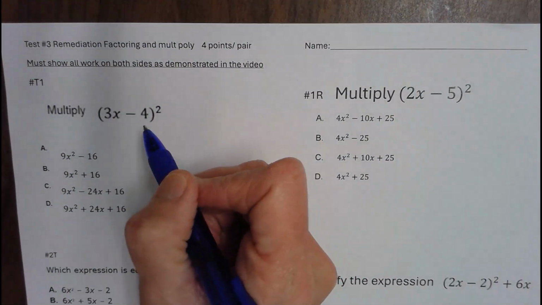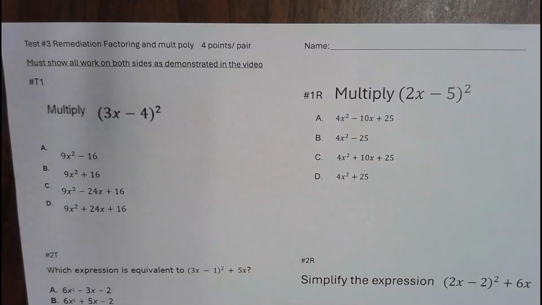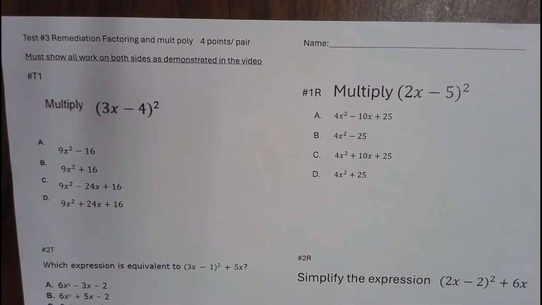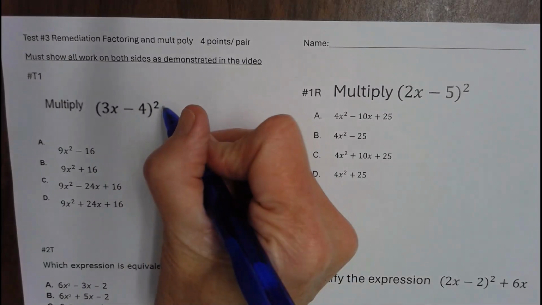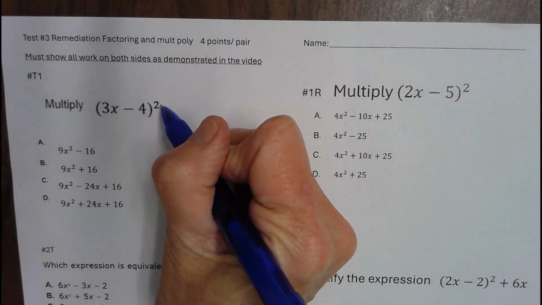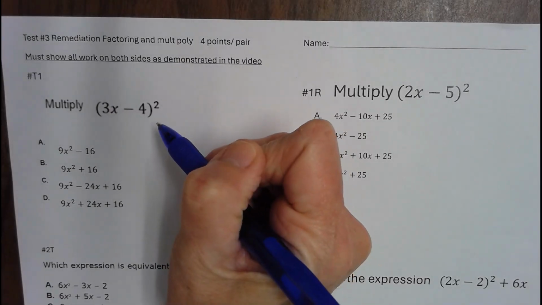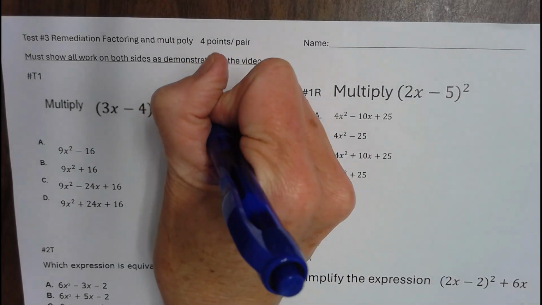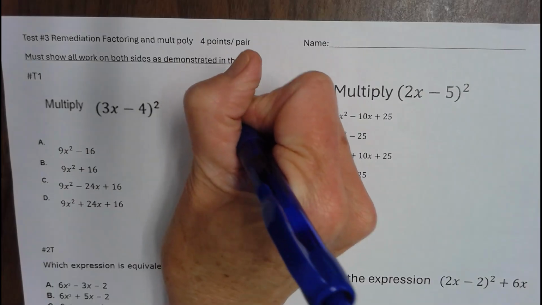Okay, most missed problems on the test. This was one of the most missed problems on the test. A few things. I think what we're forgetting is that square means this is multiplied times itself. So what you're going to want to do is write it twice.